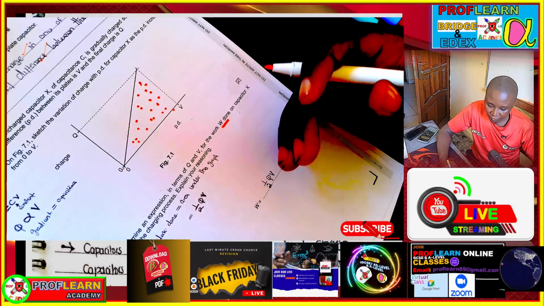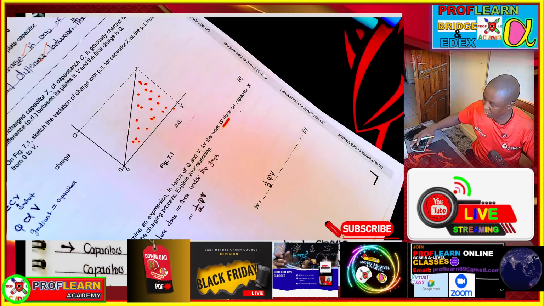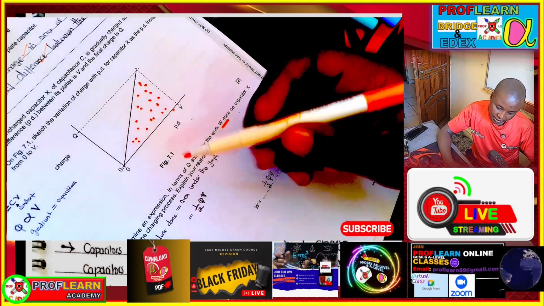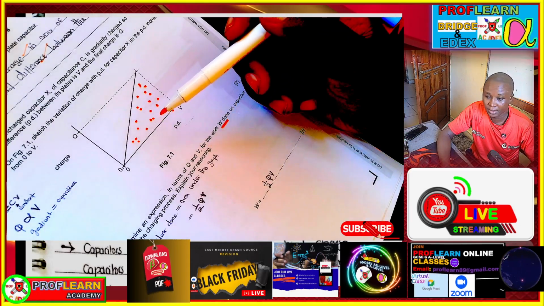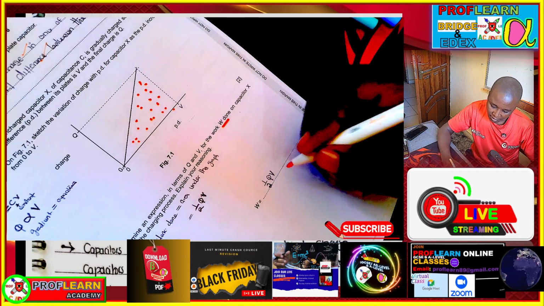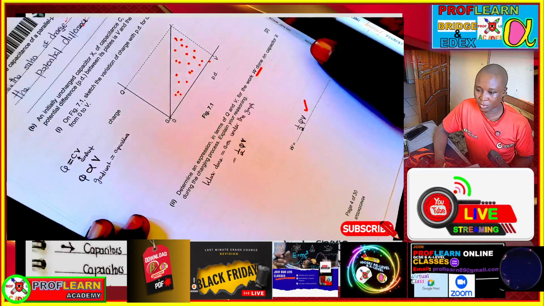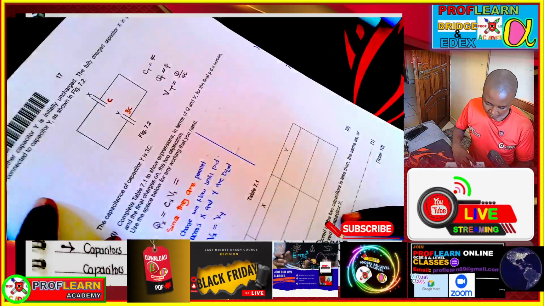If you are forcing electrons to be on one of the plates, work has to be done. That is why we're saying the work done is equivalent to the area under a charge against potential difference graph. And if you work it out, you are going to get your answer as half QV, because this is a triangle, so it's going to take the area of a triangle formula.